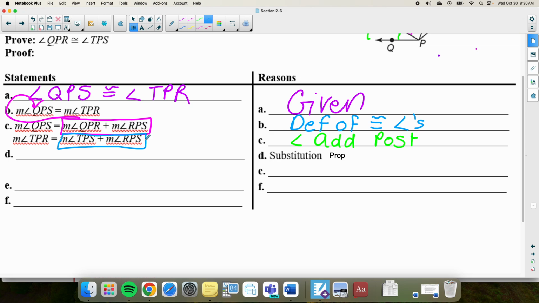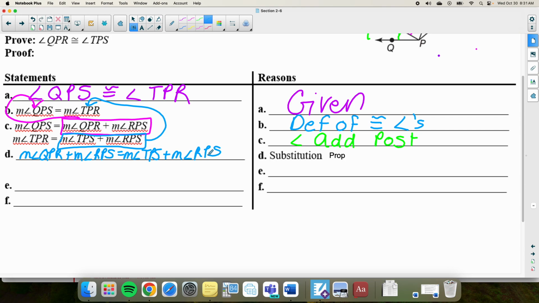I can pick that out and put this blue box in there. And that's what they did. So this one you're gonna have to write small because you're setting your pink box equal to the blue box. So it's gonna be the measure of angle QPR plus the measure of angle RPS equals the measure of angle TPS plus the measure of angle RPS. And that is substitution property.